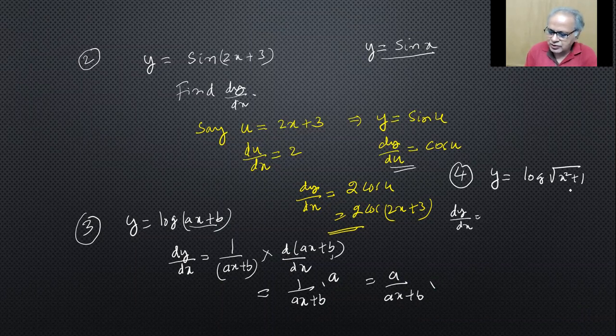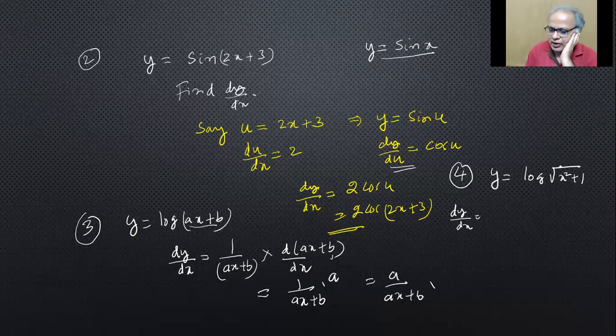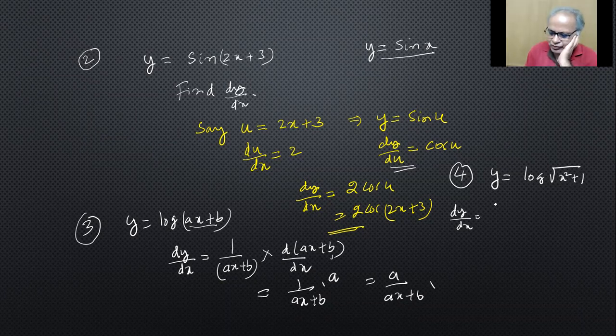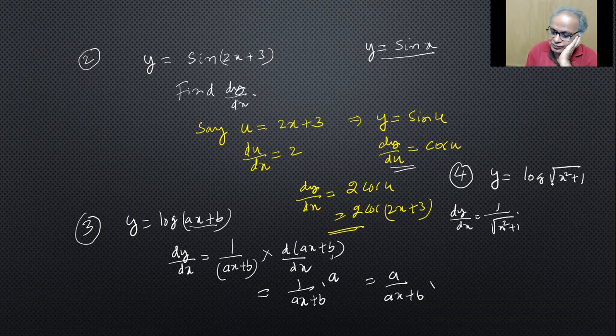Log x's derivative is how much? 1 by x. All that inside you can think of as some u. So log u will be 1 by u. But there is one more function, the root function. Log function, root function, x square plus 1.